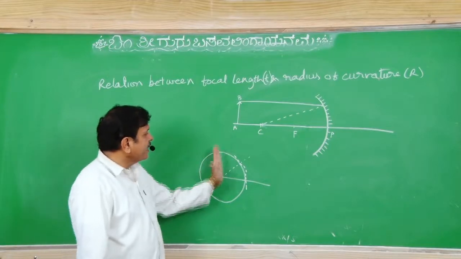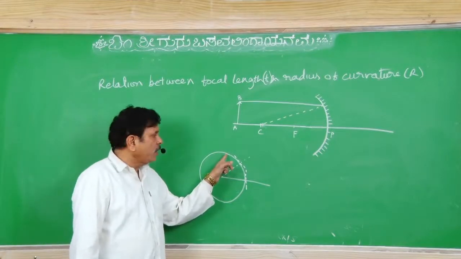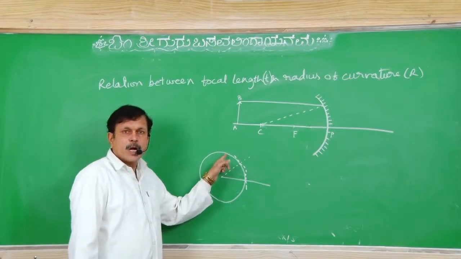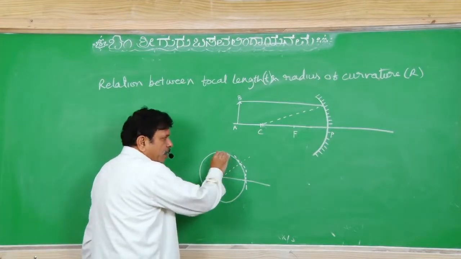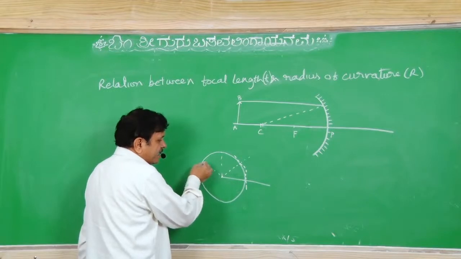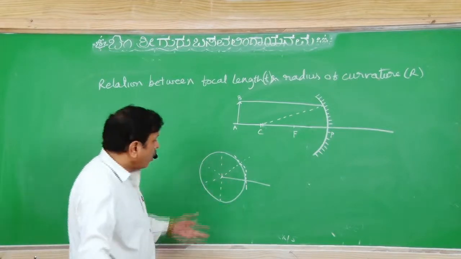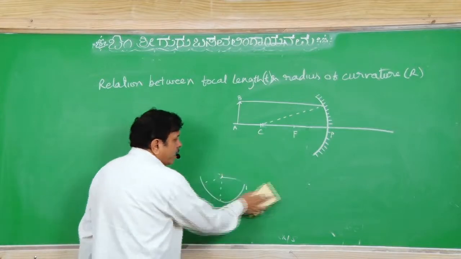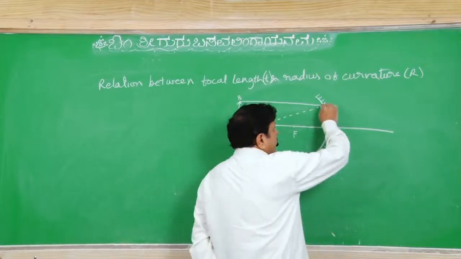So if we draw any radius line, all the radius lines will be perpendicular or normal at that point where they are incident. Like here, this will be normal at this point. If we take like this, it will be normal here. So all the radii will be normal at that point. So nothing but a normal line.